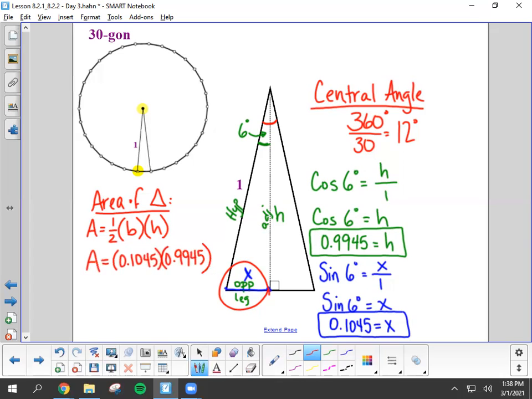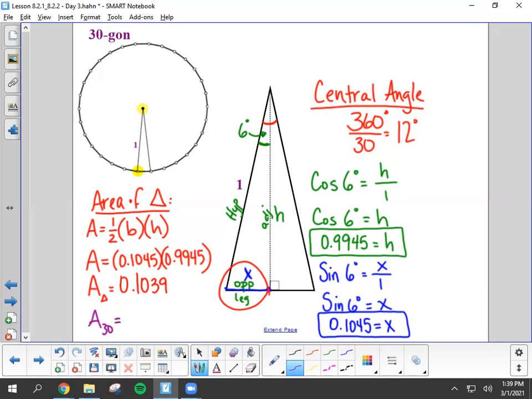That will give me the area of my triangle. So the area of my triangle is 0.1045 times 0.9945, which is 0.1039.